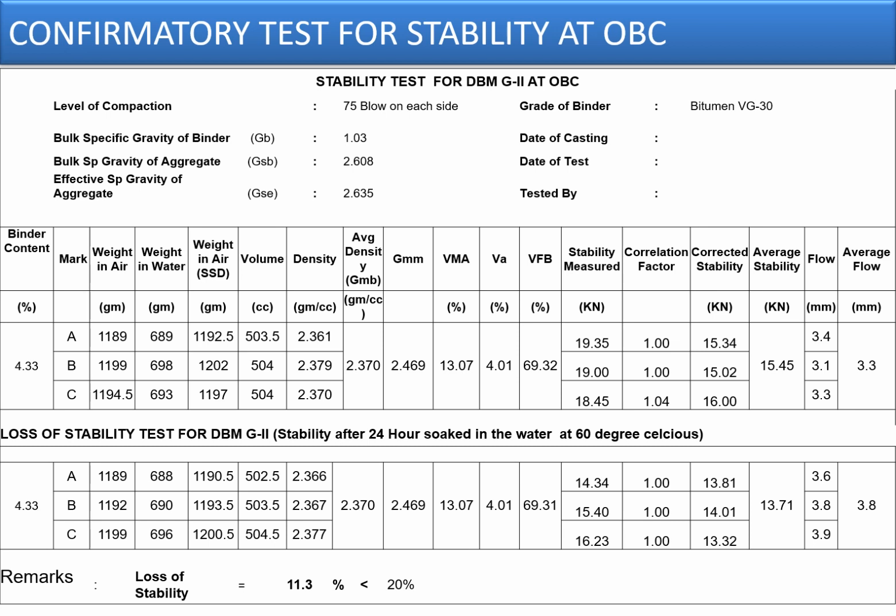Now in this particular case, instead of varying the binder content, we have kept the binder content at 4.33%, and then we have casted the number of molds.